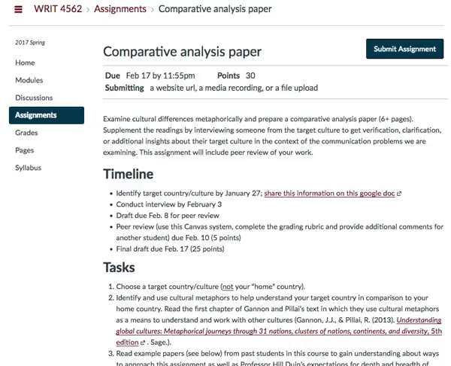Please, to stay on target for this assignment, conduct your interview by February 3rd, which would be a week later or so. You will need a complete draft by Wednesday, February 8th for peer review. And you'll use this Canvas system for that peer review.